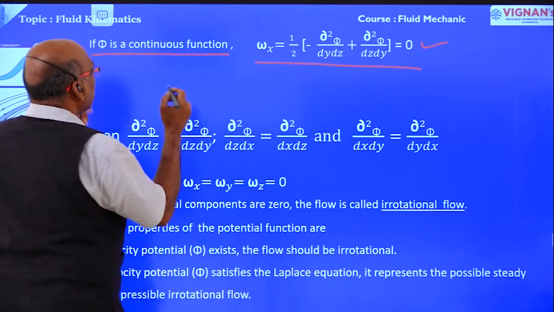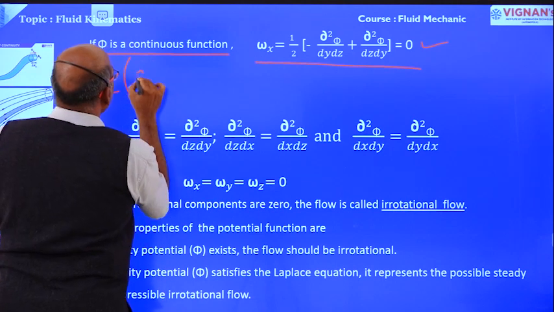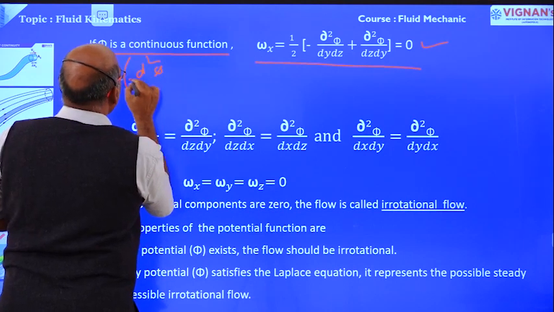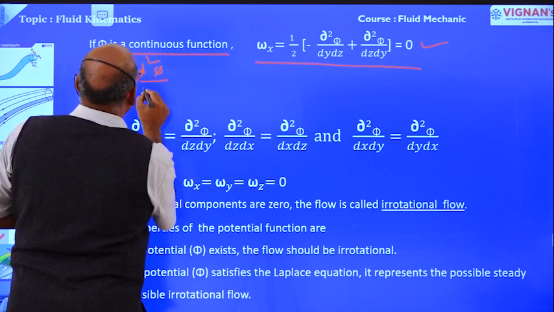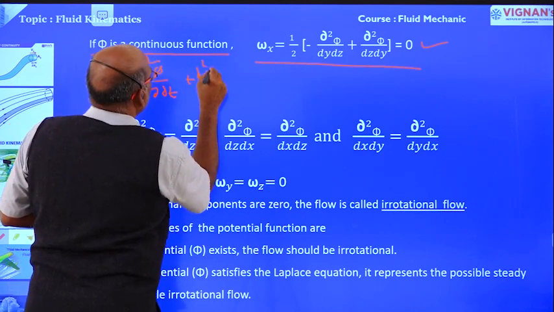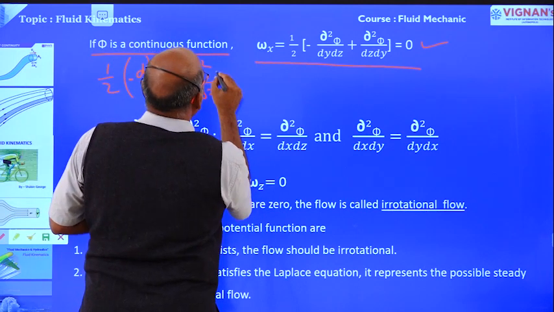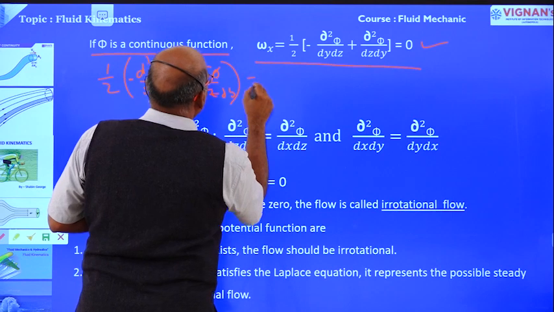Automatically, what is happening? 1/2 times minus ∂²φ/∂y∂z plus ∂²φ/∂z∂y is equal to 0.